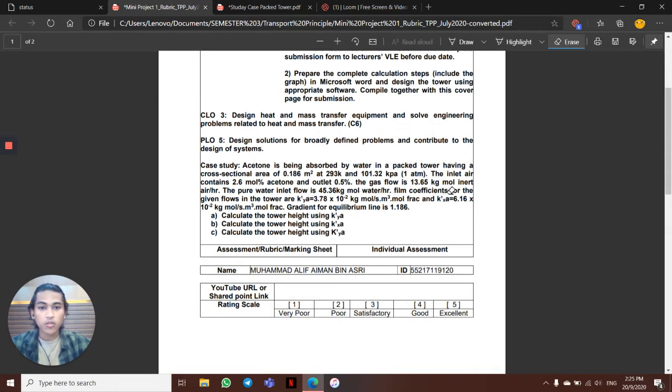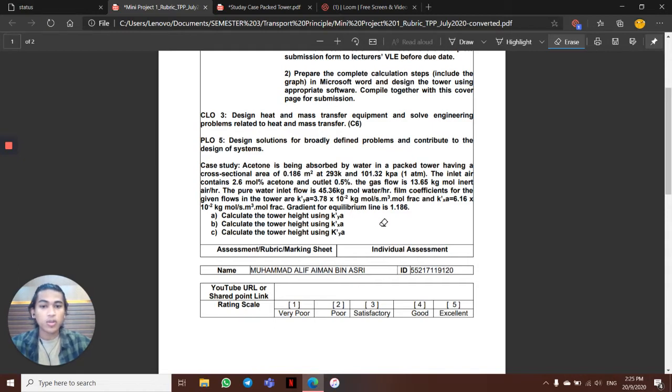Film coefficients for the given flows in the tower are K prime YA equals 3.78 times 10 to the power of negative 2 kg mol per s meter cube mole fraction. Meanwhile, K prime XA is equal to 6.16 times 10 to the power of negative 2 kg mol per s meter cube mole fraction.